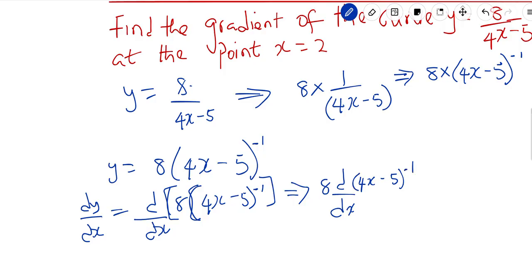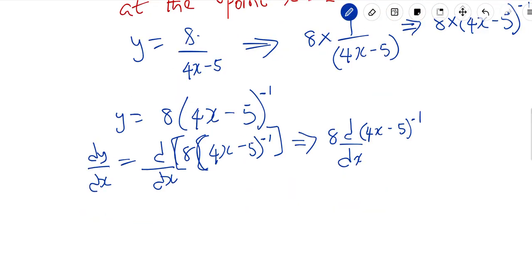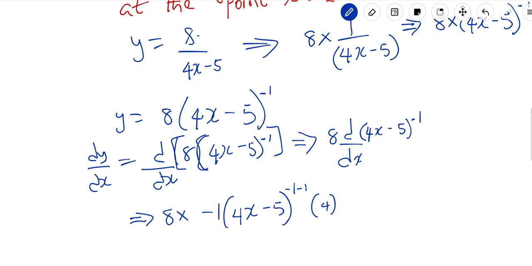If I differentiate that using the chain rule, this is what I'm going to get: 8, which is a constant, multiplied by negative 1 multiplied by (4x minus 5) to the power of negative 1 minus 1, into, if I differentiate 4x, I'm going to have 4.